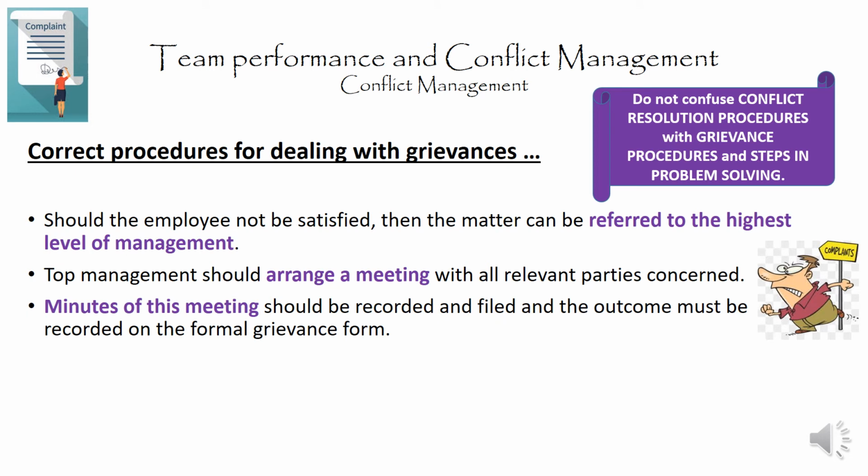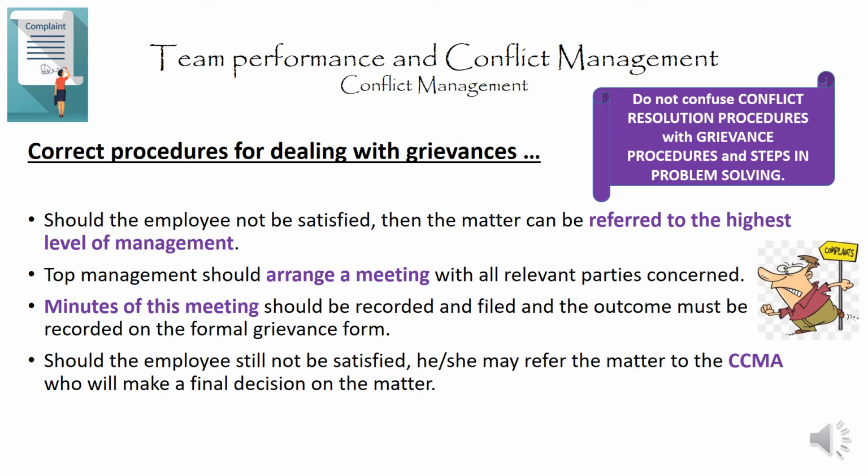Again, there should be minutes of the meeting as proof. It should be recorded, typed up and filed, and the outcome must also be recorded on the formal grievance form. It's proof that there was a meeting. There's minutes of a meeting, and any outcome, any resolution, again, must be recorded. It must be written down because then it's proof that it happened.